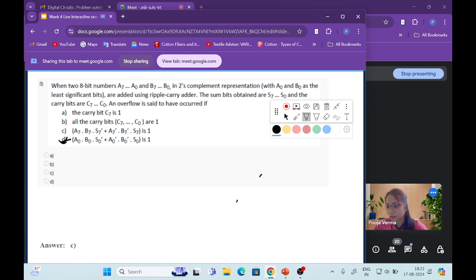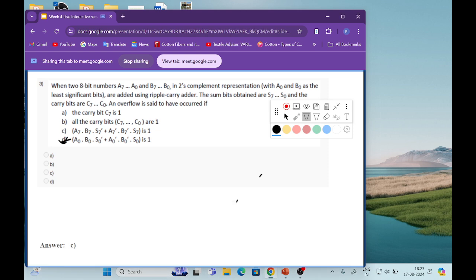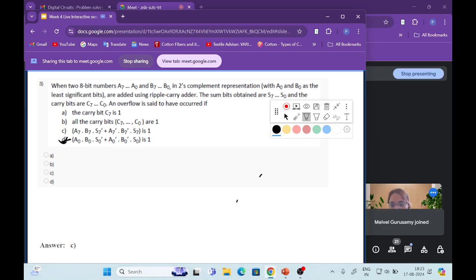The cases when overflow will occur: if both B7 and A7 are 1. Other cases are also possible, but since bits are very large, in order to make the condition we are taking this.